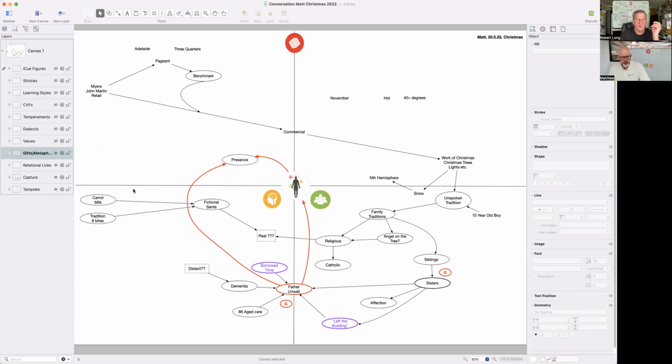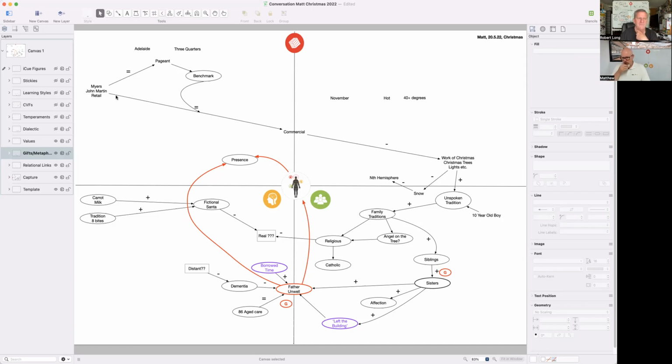So the first thing I do is I simply give a value to the lines. So I give a plus if the language connecting the two was positive. I give an equals here if the language associated with the conversation was kind of a neutral comment.